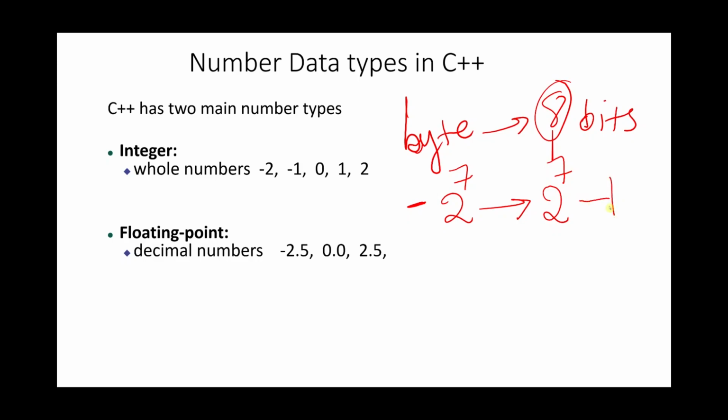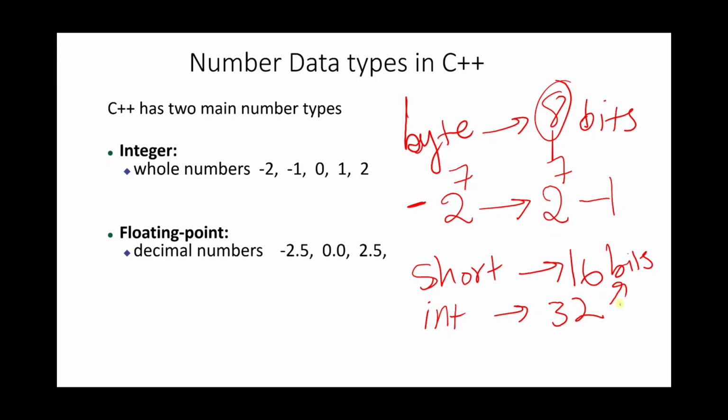This is a byte. Then the next is short, and this is 16 bits. And then we have the integer. The integer, you know, is 32 bits.